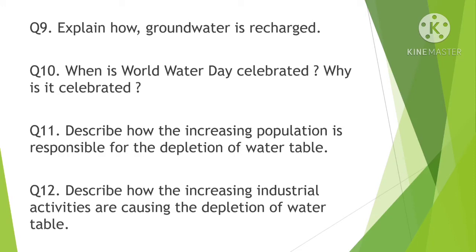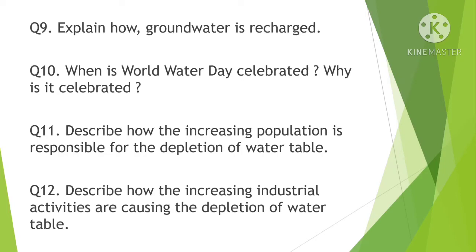So due to which the number of industries is increasing continuously. Now the water that is used by most of the industries is pumped out from the ground. So with the increase in the number of industries, the water drawn from the ground is also increasing, which results in the depletion of water table.